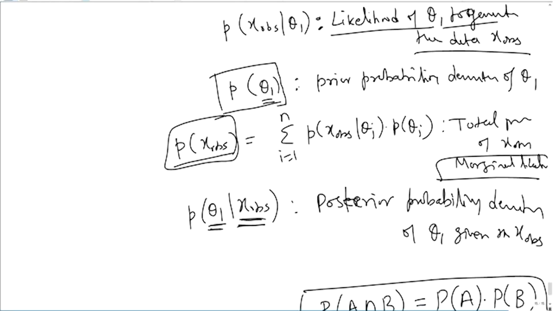And why is it important to calculate the posterior density? Because this is what gives us the distribution of the true value of theta. This distribution will tell us that, given this data, what values of theta are likely.